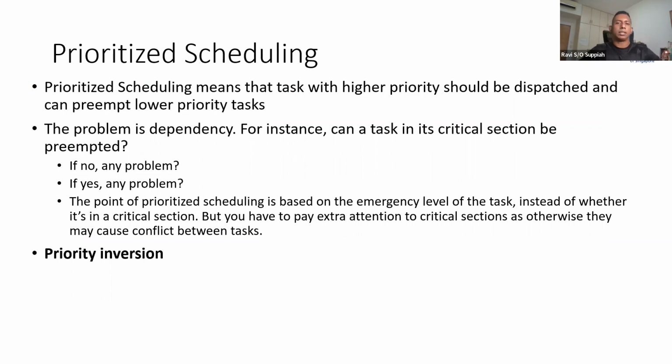Of course, one of the assumptions we took earlier, when we looked at all this analysis, is that there is no dependency. The tasks are independent, so they are able to be analyzed separately.